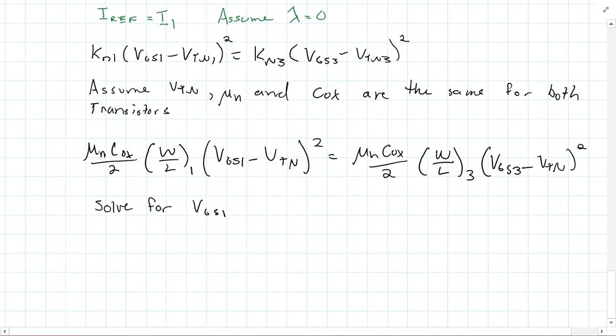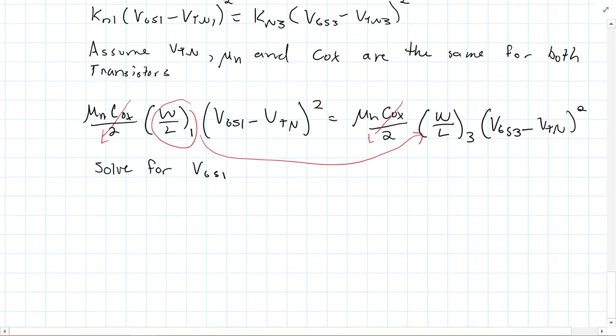And so if we solve this for VGS1, first off, we see that these terms we could just divide on both sides and they would cancel. And then I will move this to this side here and then take the square root of both sides.